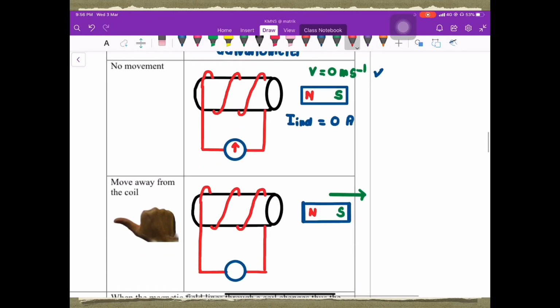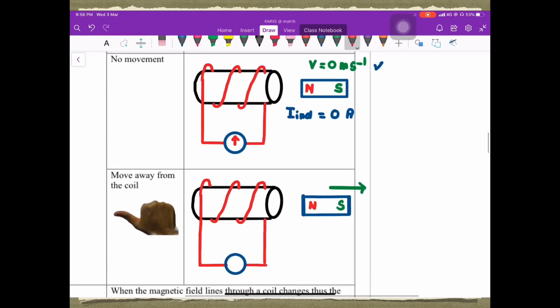Now, what happens when the bar magnet moves away from the coil? We can see here the magnetic flux will be decreasing.